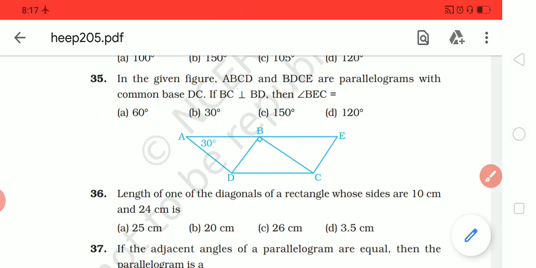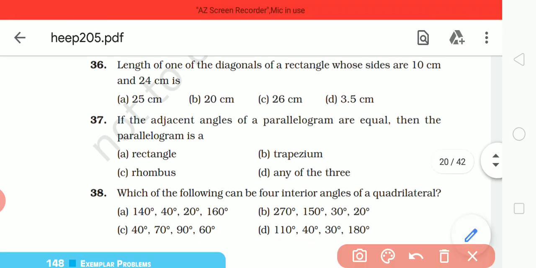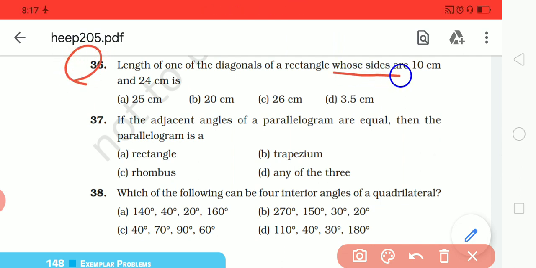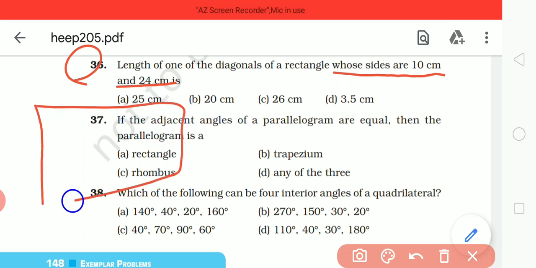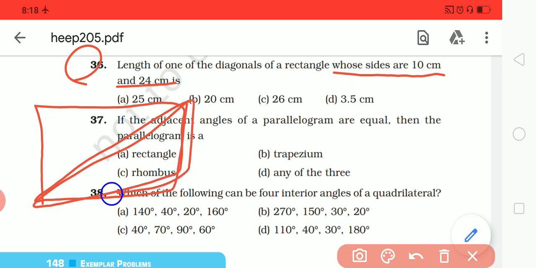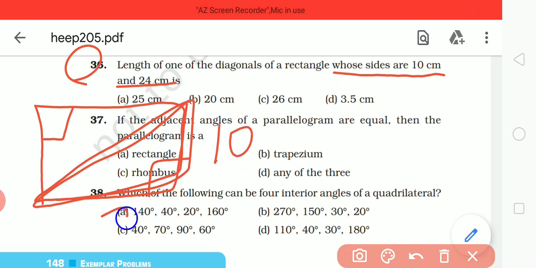This is the first option. Now come to question number 36. The length of one of the diagonals of the rectangle whose sides are 10 centimeters and 24 centimeters is. So you have to find the length of the diagonal of a rectangle. I told you the diagonal divides a rectangle into two triangles of equal measurements, right? This is a right angle triangle, and since one side is 10 and the other side is 24, you can use the Pythagoras theorem.